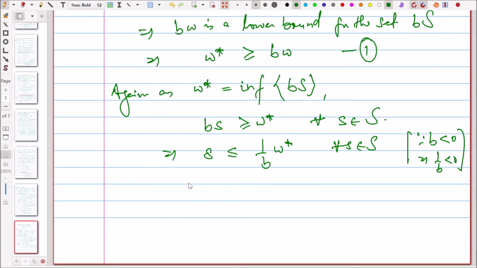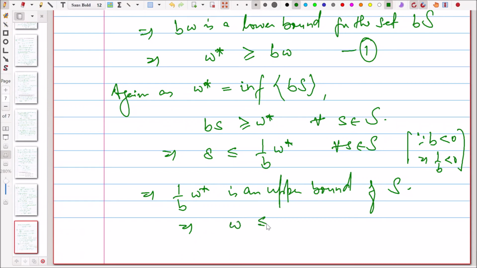So 1 by B times W star is an upper bound of S. So this implies W is less than or equal to 1 by B times W star, because this is an upper bound and W is the least upper bound.